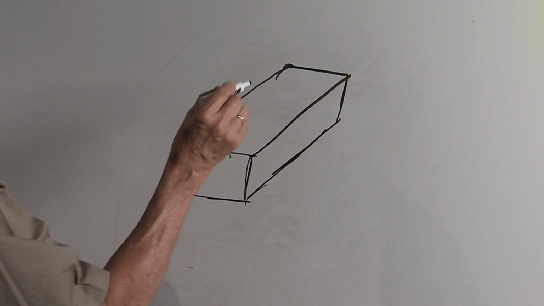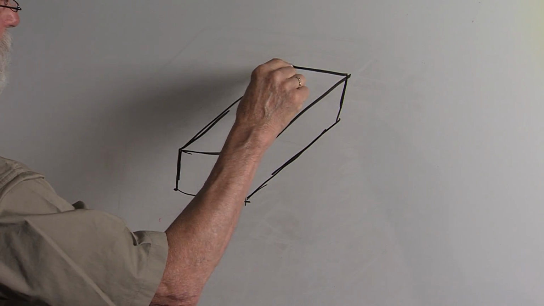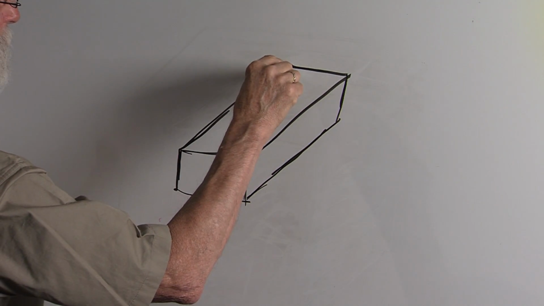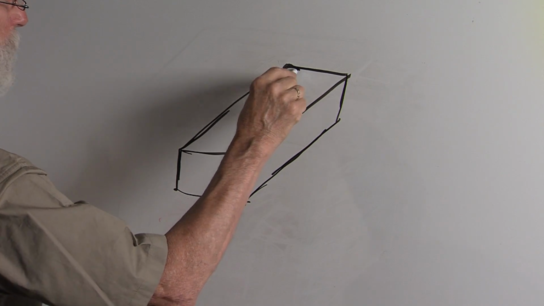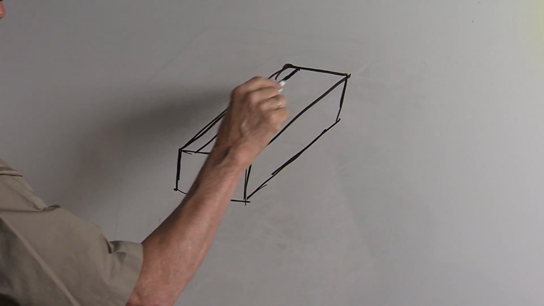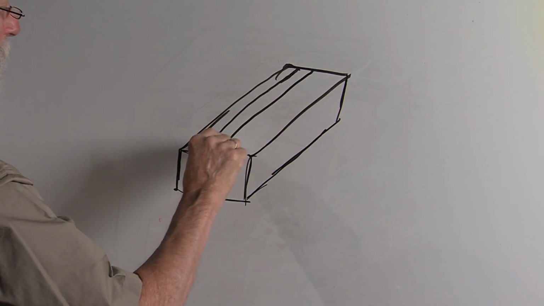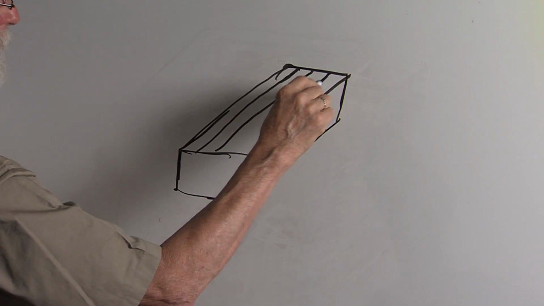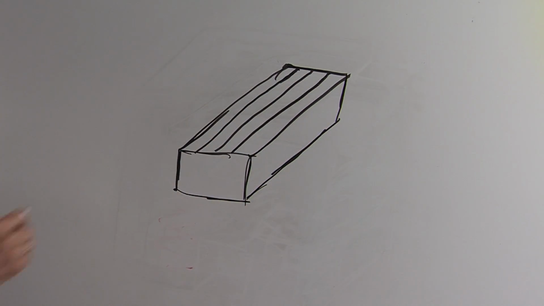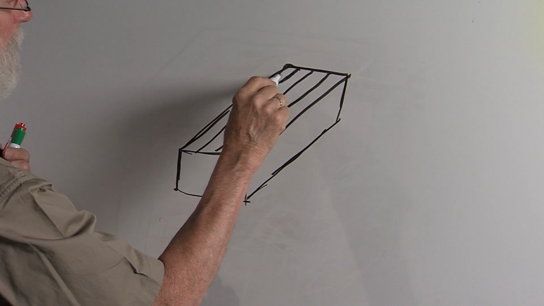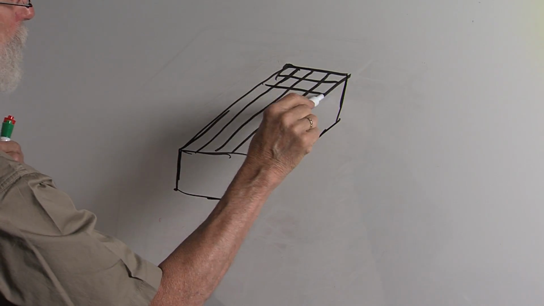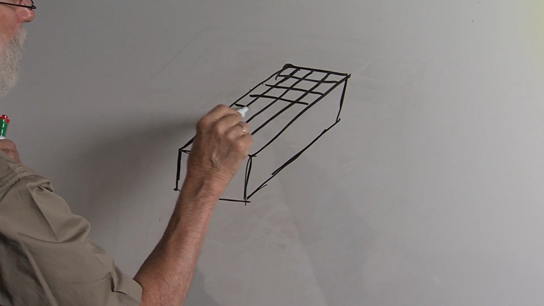And then we're going to add, let's see. All right, I'm going to do some parallel lines like this. They're parallel to these lines, like so. And then I'm going to crisscross that with lines going the other direction, like so.